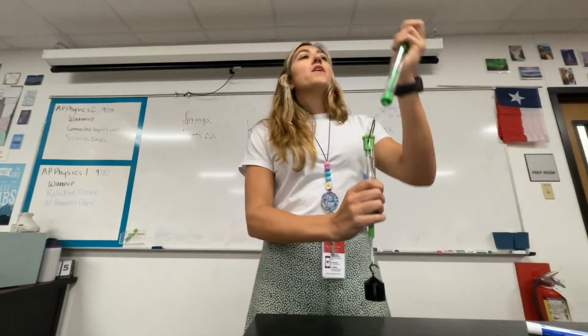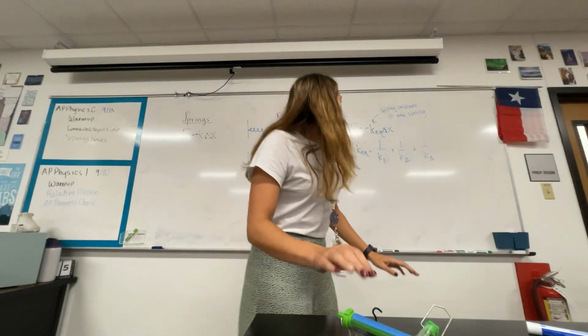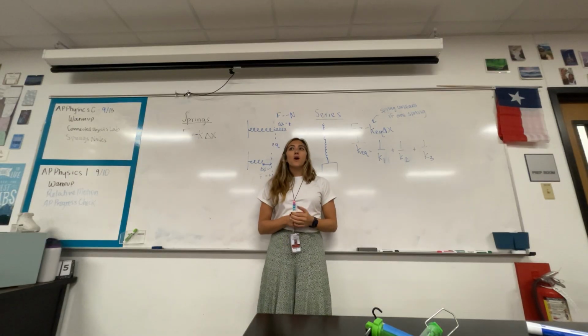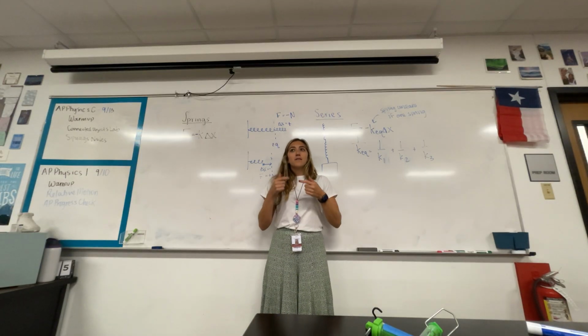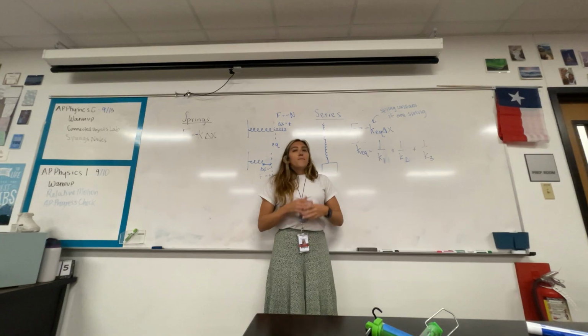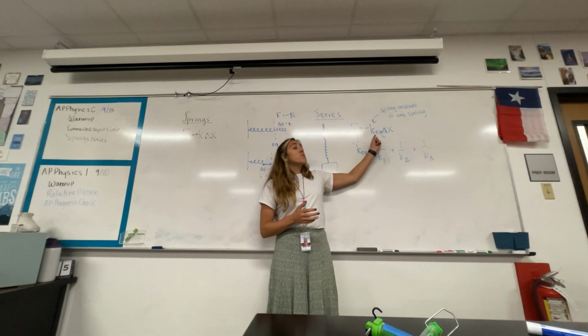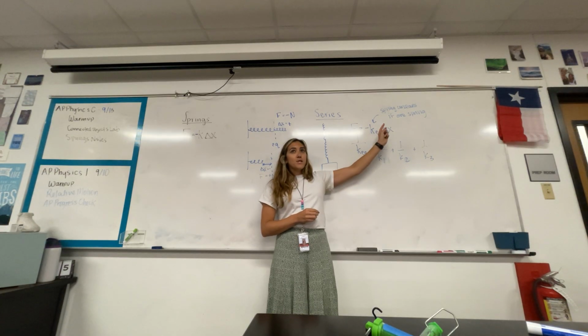By doing this equation, my equivalent k constant will always be less than the constant of my largest spring. And so when k equivalent is less, the stretch of the springs is more.